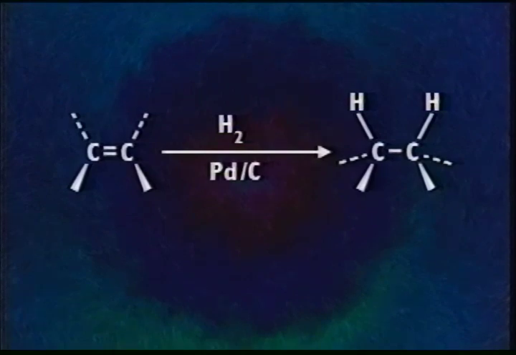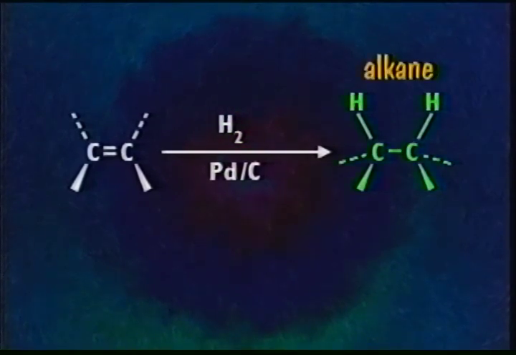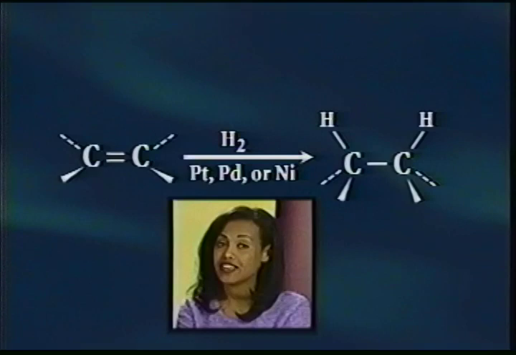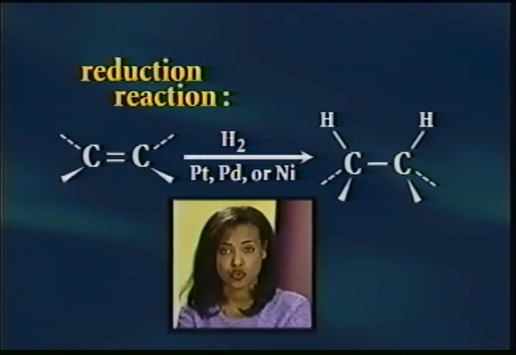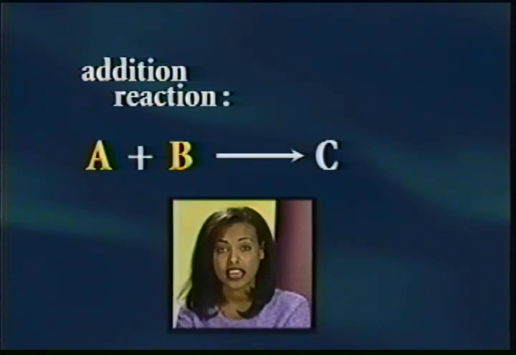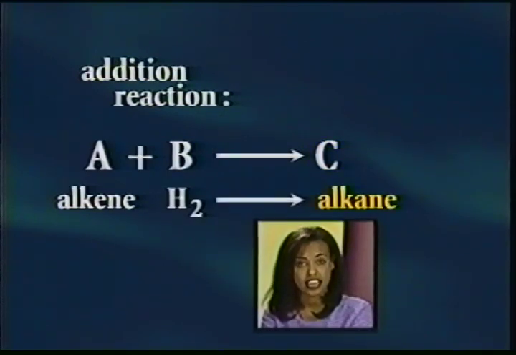The shorthand version of this reaction is: an alkene in the presence of hydrogen gas, H2, and a metal catalyst will react to give us an alkane with the hydrogen on one carbon of what was the double bond and another hydrogen on the adjacent carbon. And we simply note that the hydrogens are cis to one another. And so even though this reaction is a reduction reaction, it's also an addition reaction because A and B, the alkene and the hydrogen gas, react to yield C, the alkane.